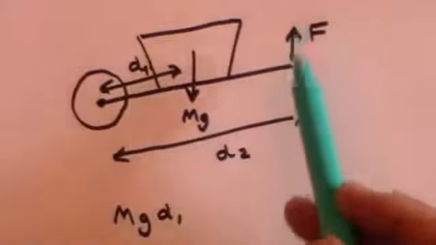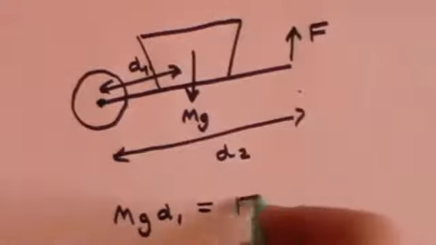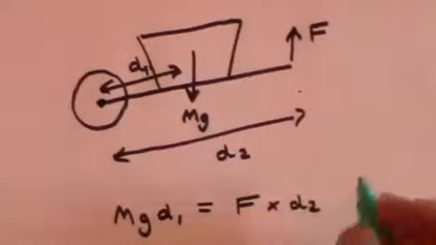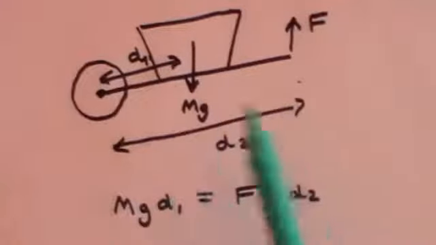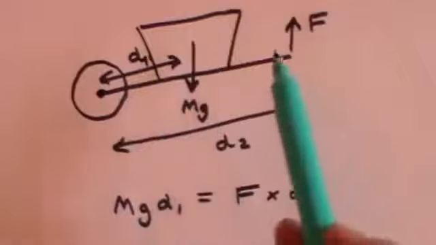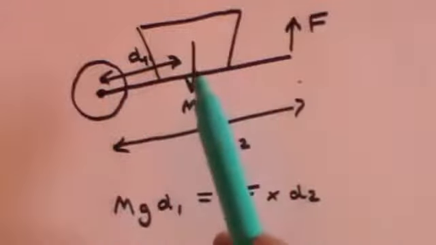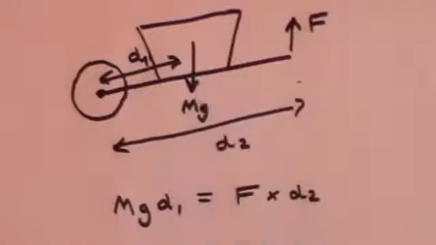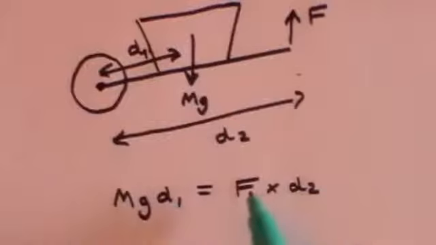The moment of the force that I am applying in the other direction is force times d2. And you can see that because d2 is always by definition greater than d1, because the handles are always further away from the pivot point than the load you're carrying, the force that I apply can be less than the weight of the load.